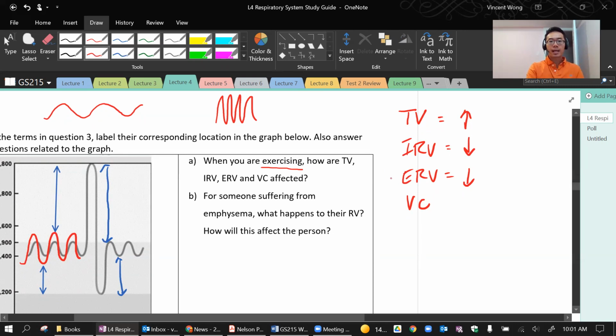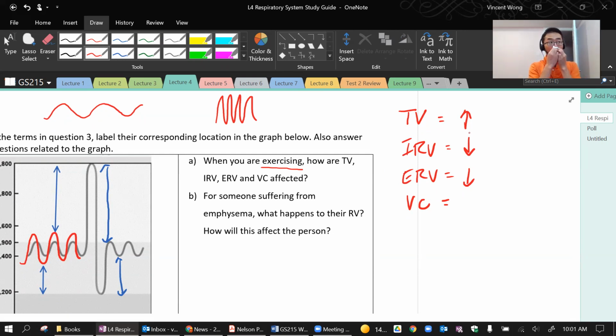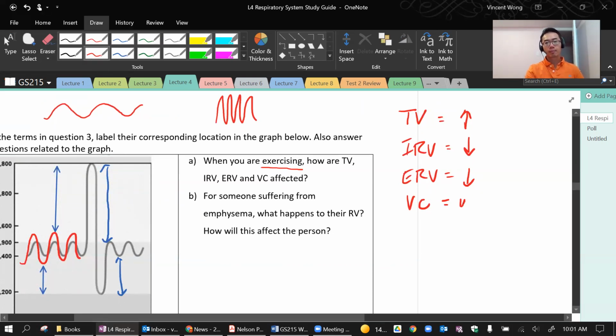What about vital capacity? Do you think vital capacity will change? Increase, decrease, no change? Okay, Colleen said unchanged. That is correct, unchanged. Because VC is the sum of all these things together, and if you increase tidal volume and then you decrease the other two, the final won't change.